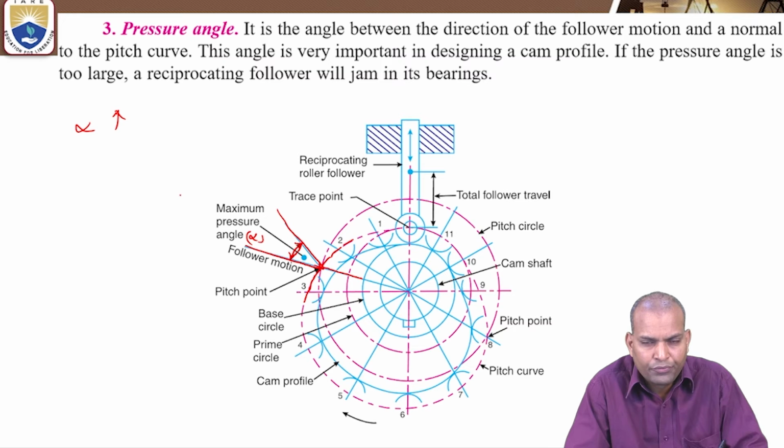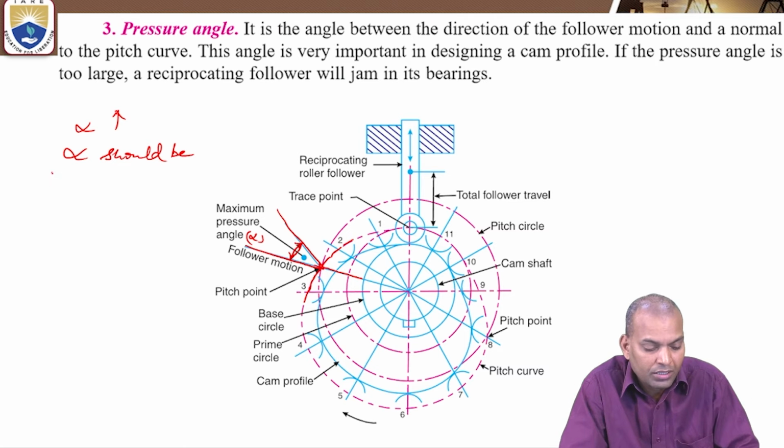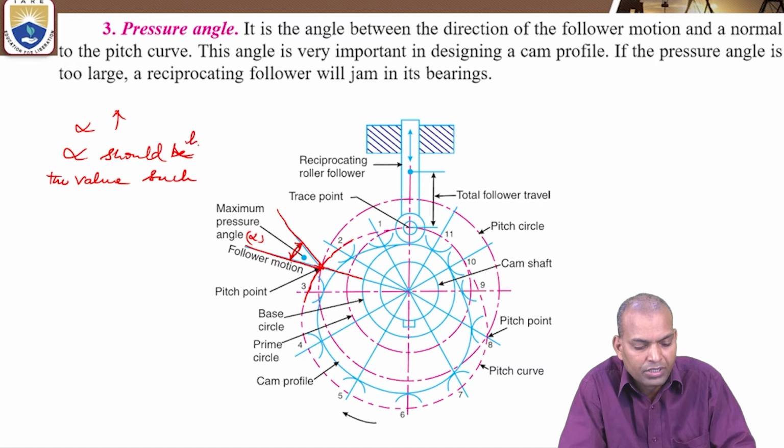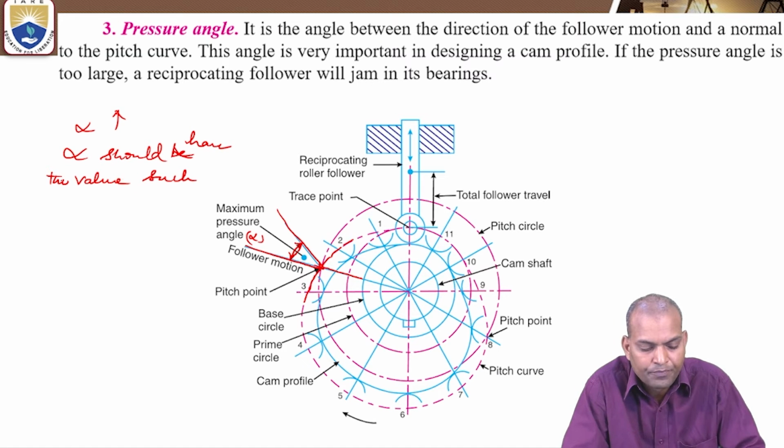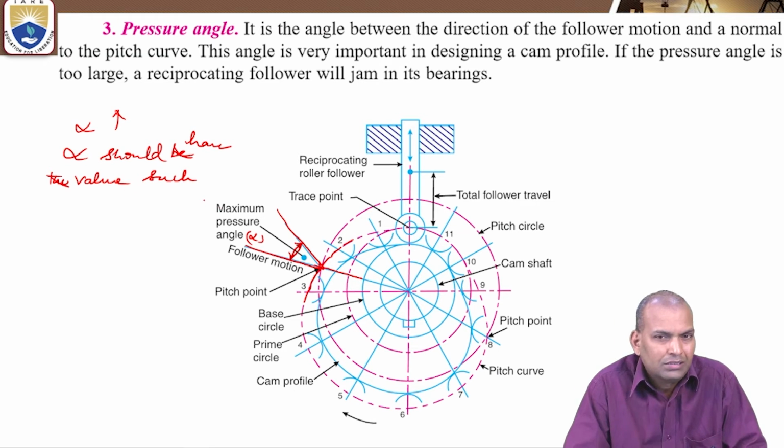So, what will happen to the follower? The follower will be jammed in its bearings. So, alpha should have a value in such a way that the jamming doesn't take place in its bearings.